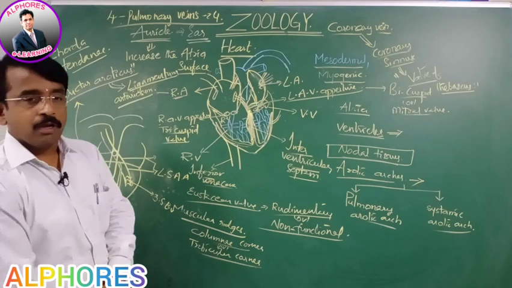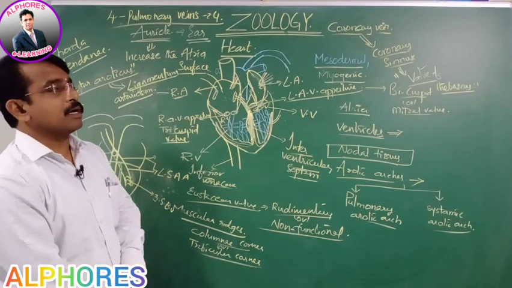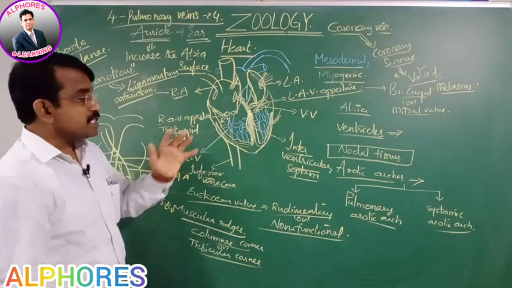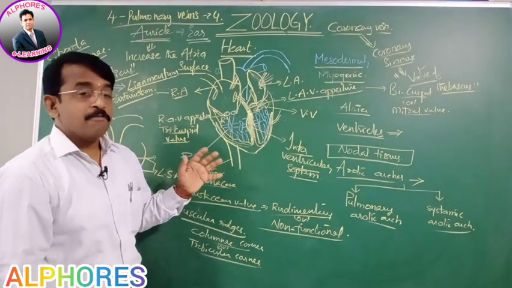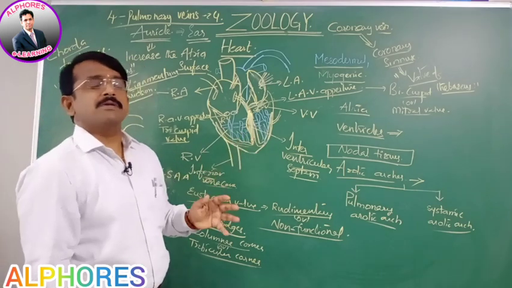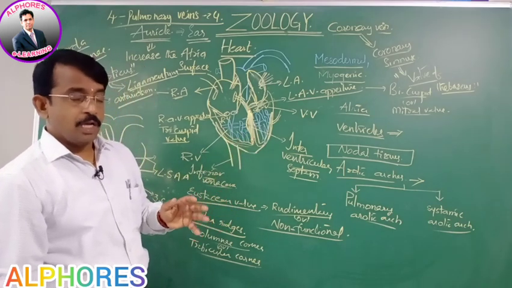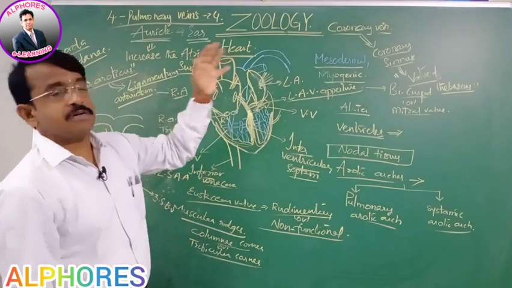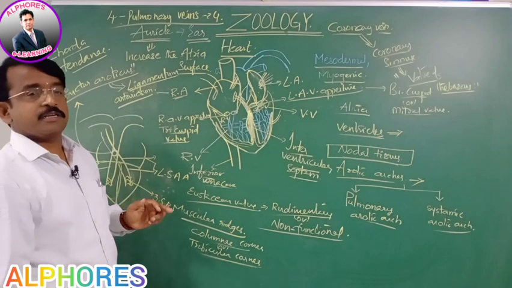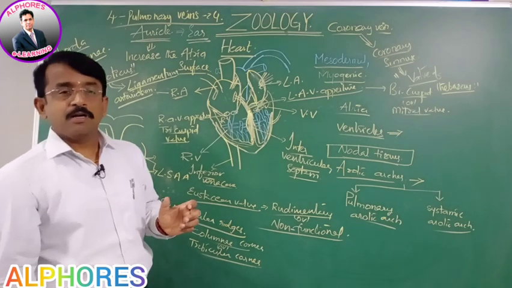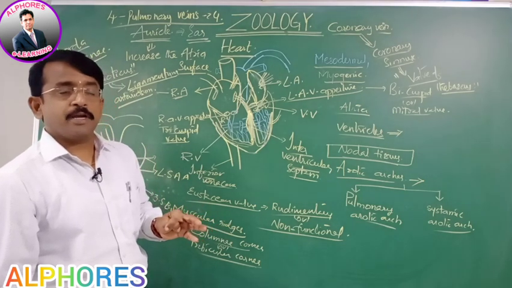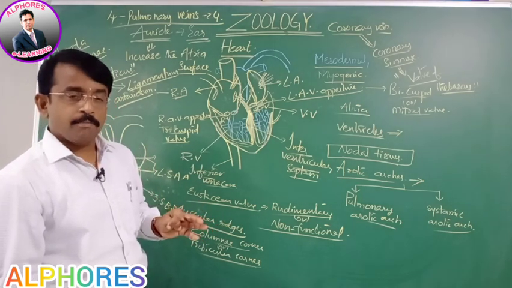So all these terms related to the heart should be kept in mind. Definitely, questions will be asked from the circulatory system. So far the terms we have covered are myogenic heart, right atrium, left atrium, auricle, interatrial septum, foramen ovale, fossa ovalis, patent foramen ovale.